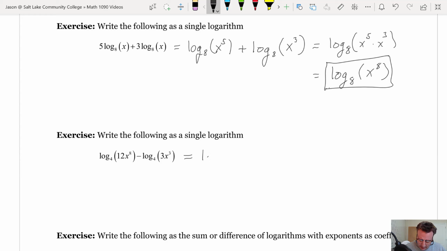So we get log base 4 of 12x to the 8th power over 3x cubed. And that expression inside, of course, can be simplified. We would probably simplify that to log base 4 of 12 divided by 3 is 4, and 8 minus 3 is 5. So we would get 4 times x to the 5th power.